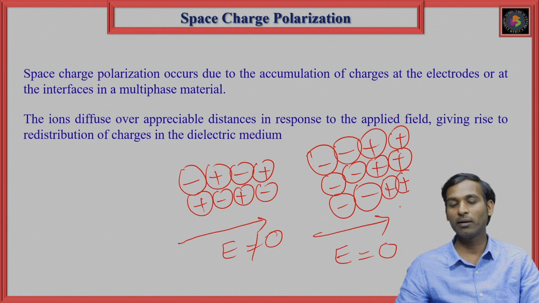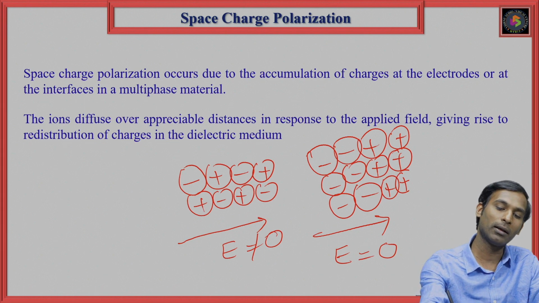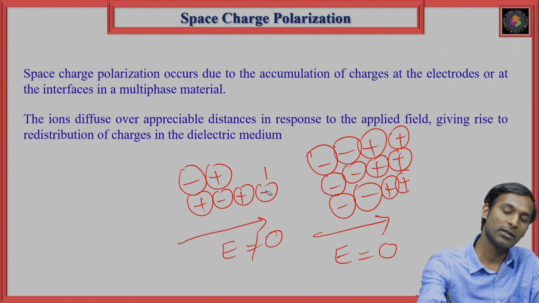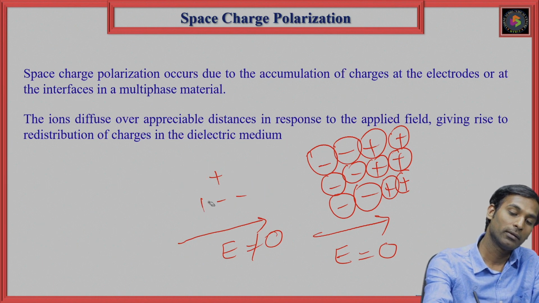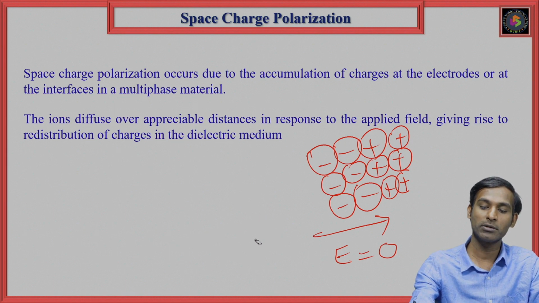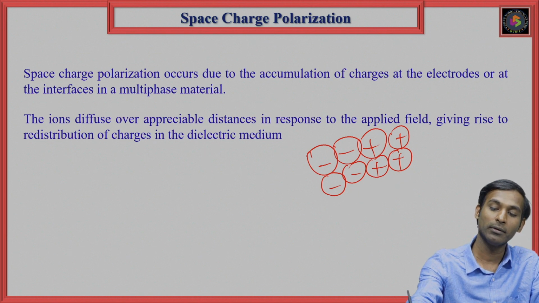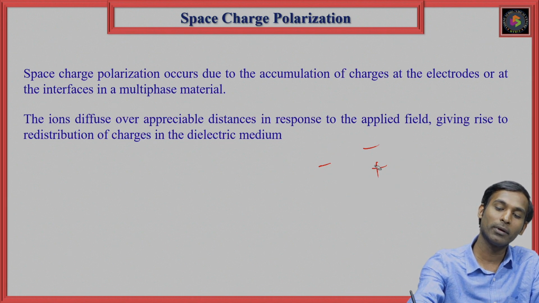In a crystalline material, all the atoms or molecules are arranged in a periodic arrangement. In this manner, the space charge polarization is very small compared to the other types of polarization. So we eliminate the space charge polarization. That means we are not considering it in the total polarization process.